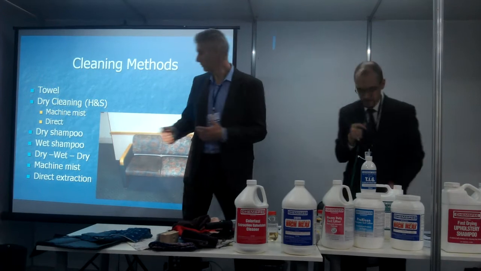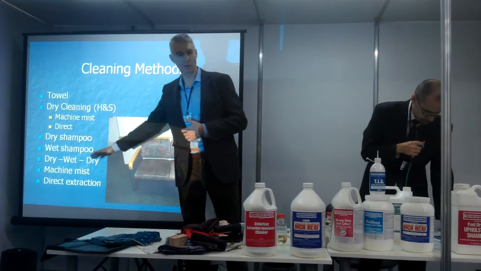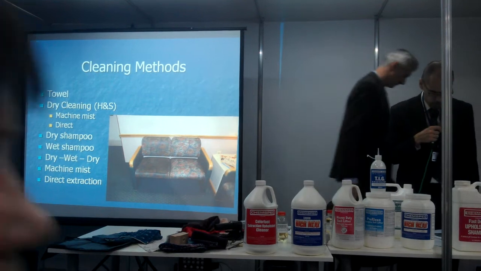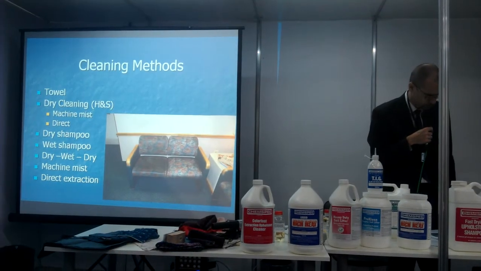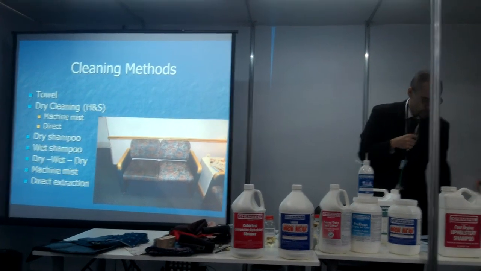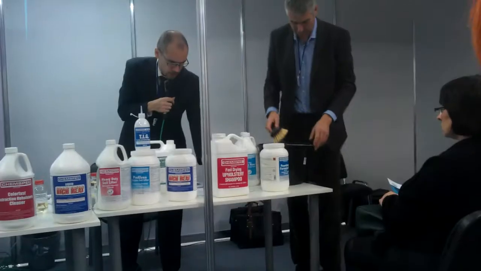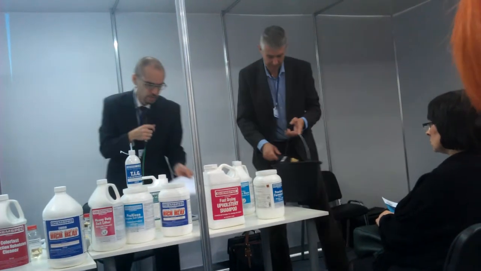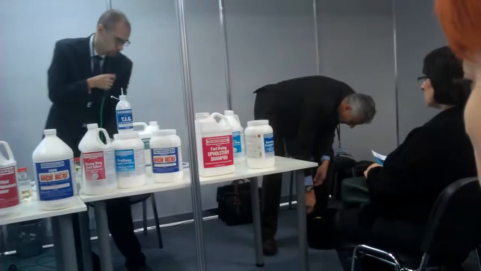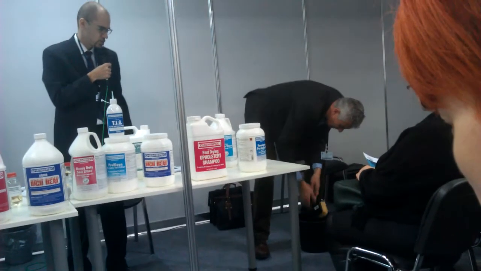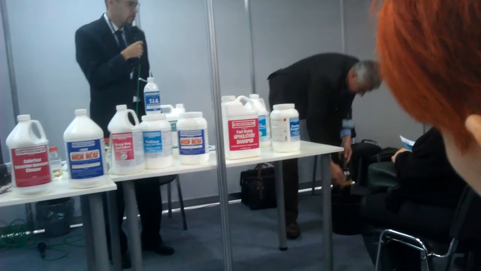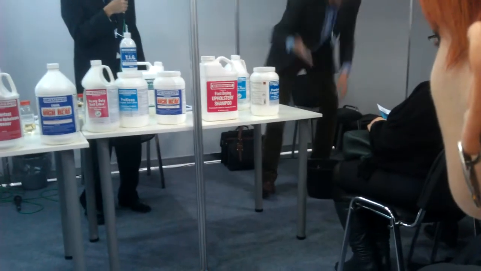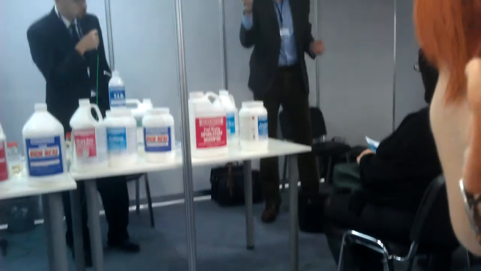The next method would be a dry shampoo and a wet shampoo. So using something like the fast drying shampoo, it's creating a foam. This is a very wet foam.